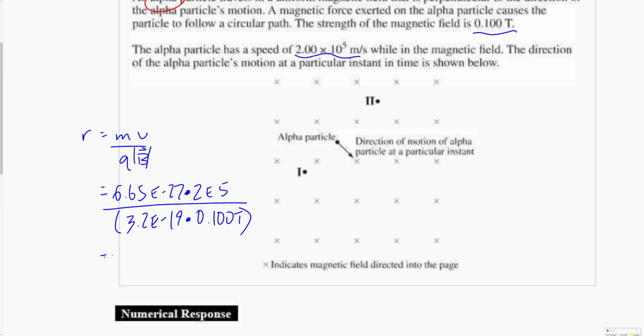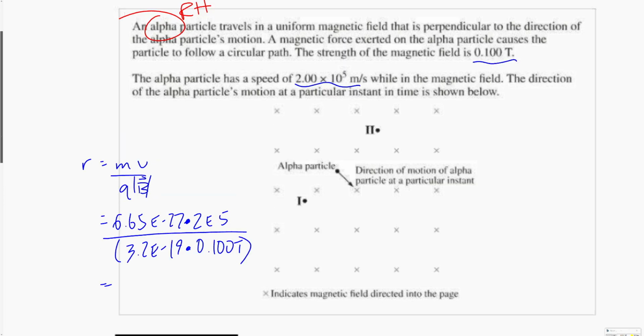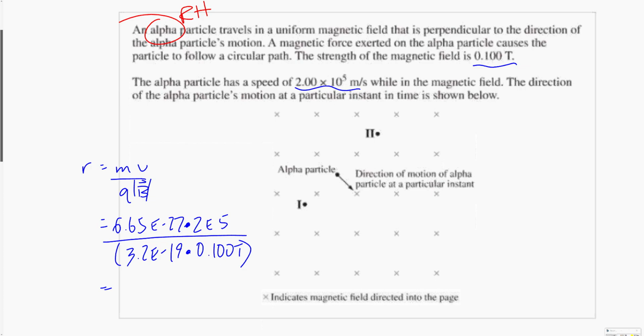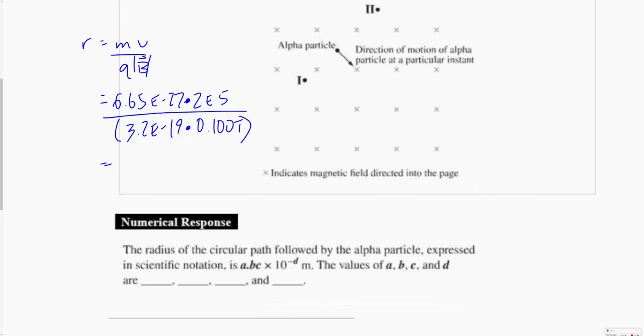When we do this, by the way, numeric response number 4 works out to be 4.16 times 10 to the negative 2. We're going to express that as 4162.